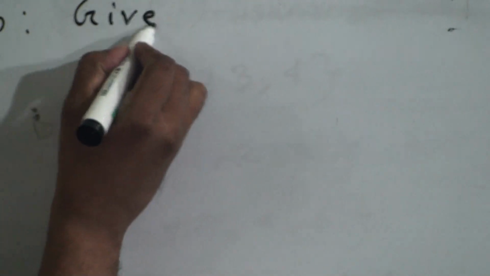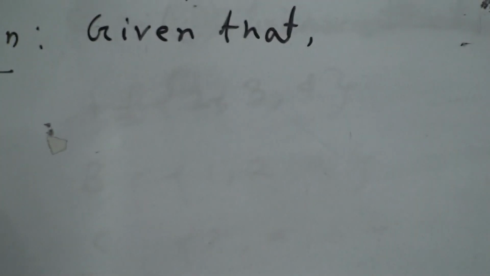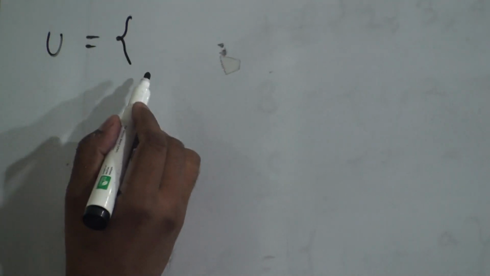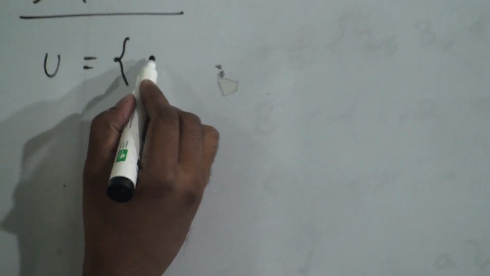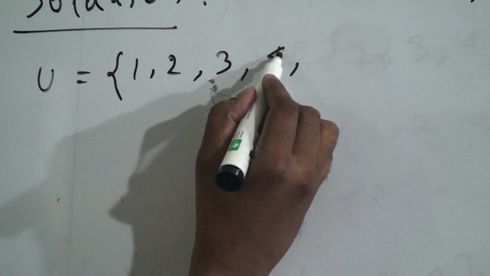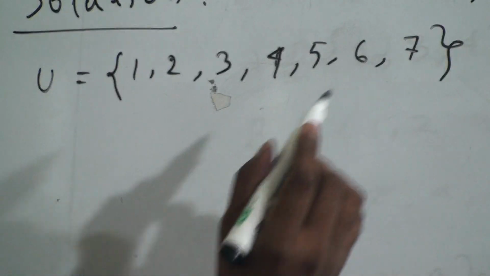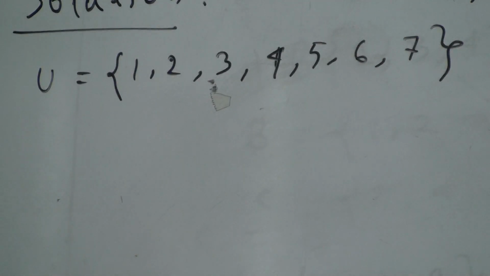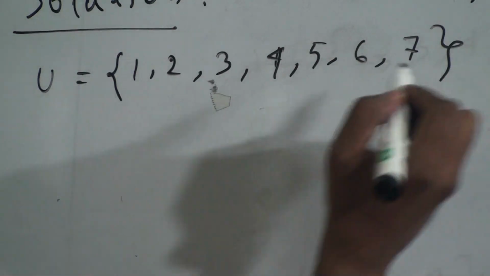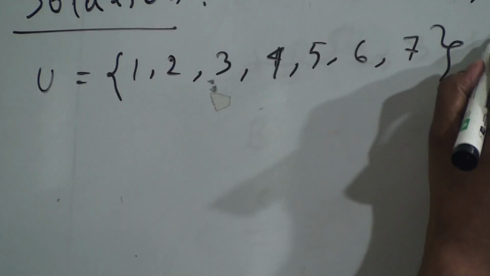Given that U equal to 1, 2, 3, 4, 5, 6, 7. B equal to 2, 4, 6.